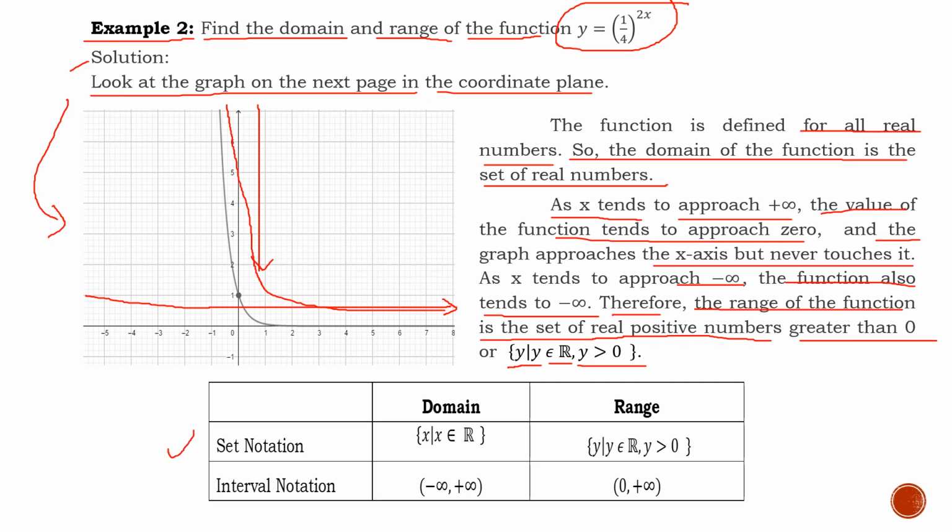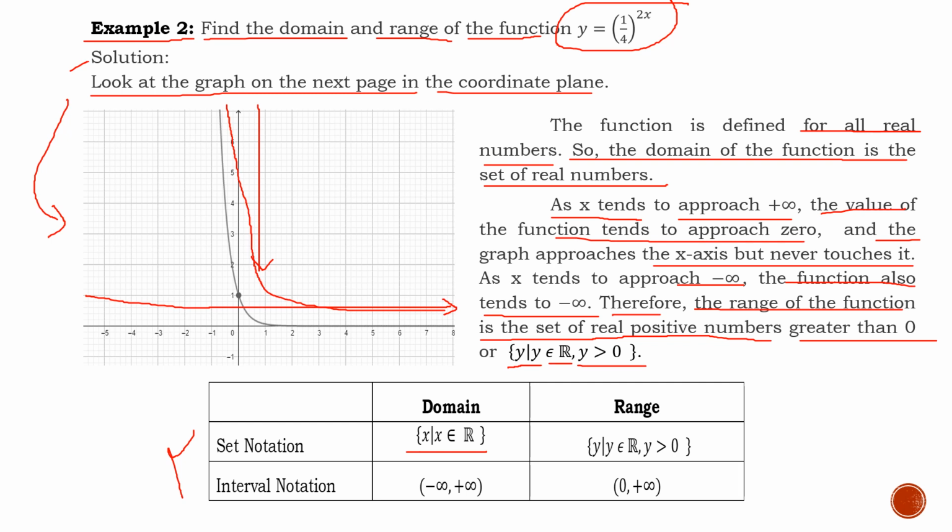Here, the set notation and interval notation are the same as for domain and range in your example number 1. In your domain, x such that x is an element of all real numbers, because there is no point of intersection with the x-axis, so your values can start from negative infinity going to positive infinity.